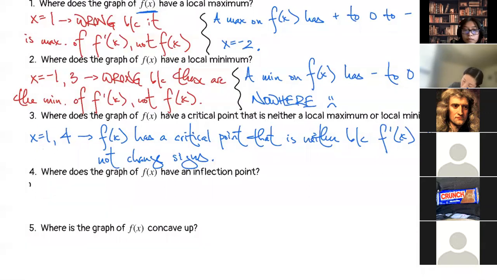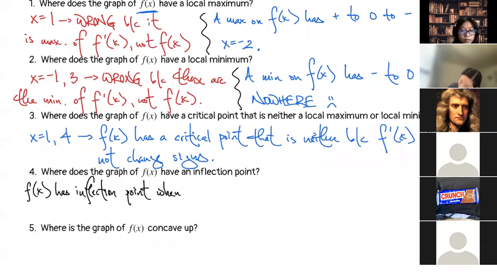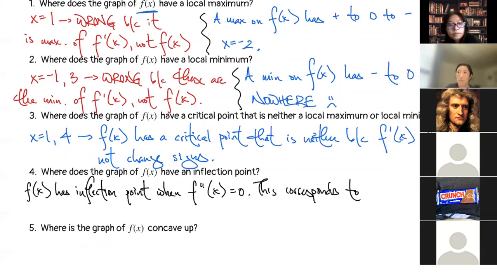Well, we know that f of x has an inflection point when f double prime of x equals 0. What does f double prime equals 0 look like on f of x? Like if I say f double prime equals 0, what am I looking for on f prime?